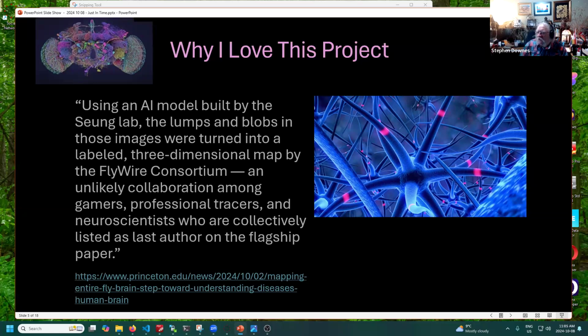In fact, I think it was something like 120, 125 different partners in the collaboration, but they were also supported with artificial intelligence, and they were also supported with something like 50,000 gamers who went into the visualization that you just saw and worked with the data, validated the connections, validated the predictions, etc. Did a whole bunch of stuff with this that actually made this project possible.